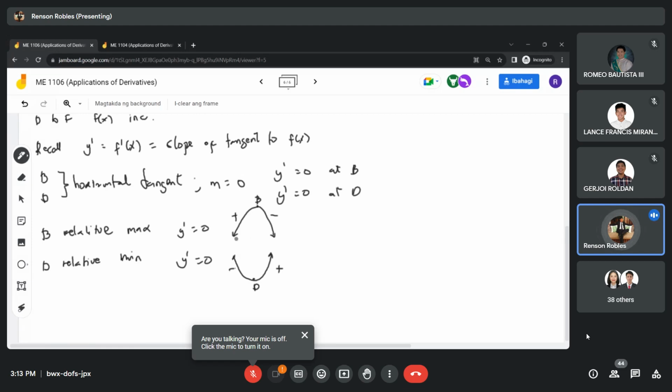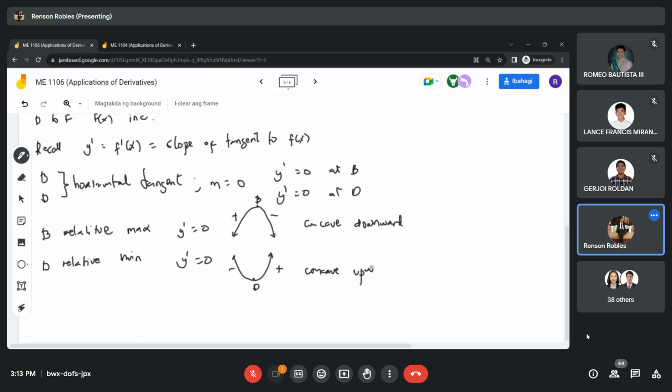So this is a good indication to determine whether the function has a relative min or relative max. This one is concave downward, and this one is concave upward.